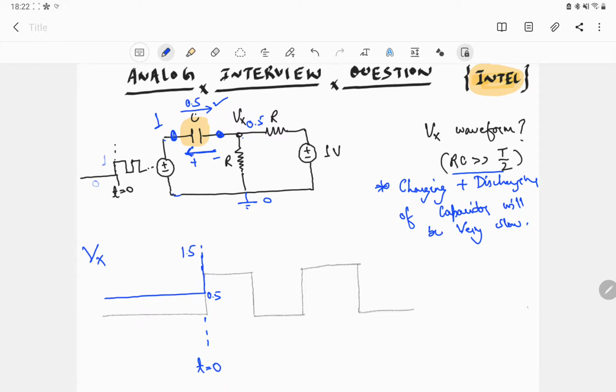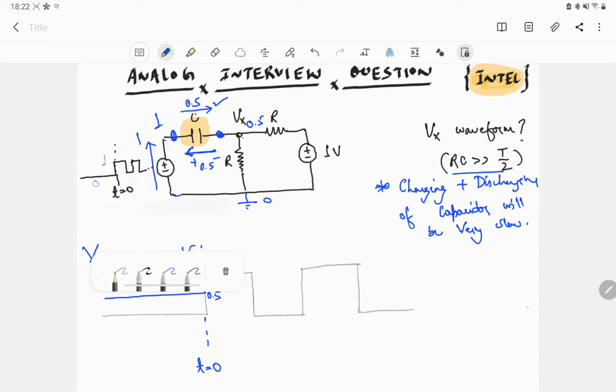So the Vx will try to go to 0.5 basically, but since it is not going to charge and discharge in the limited amount of time we have, because RC is much greater than T by 2, it will not go there.